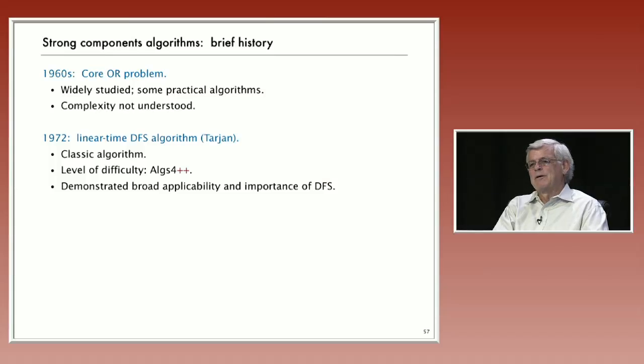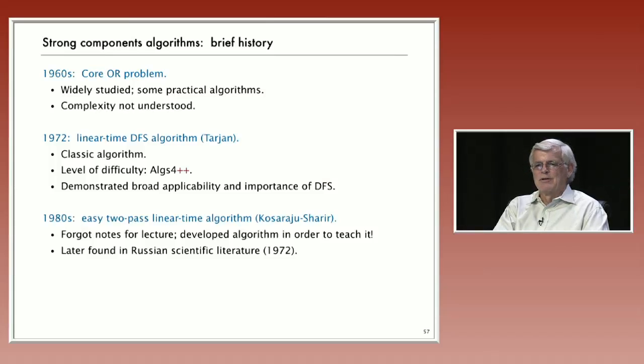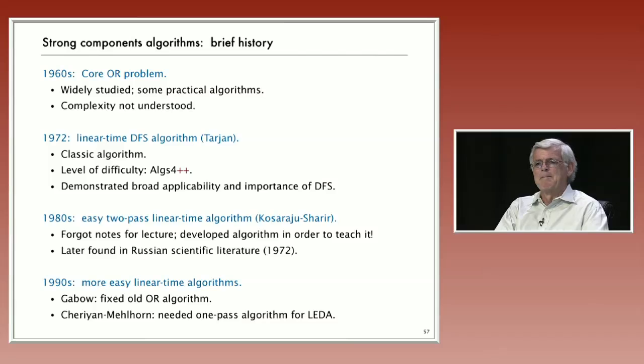Now, the algorithm that we're going to talk about today was invented in the 80s by Kosaraju and independently by Sharir. The story goes that Kosaraju had to go lecture about Tarjan's algorithm, and he forgot his notes. He had taught it a number of times, and he was trying to figure out what Tarjan's algorithm did. He developed this other algorithm that's extremely simple to implement, and that's what we're going to look at today.